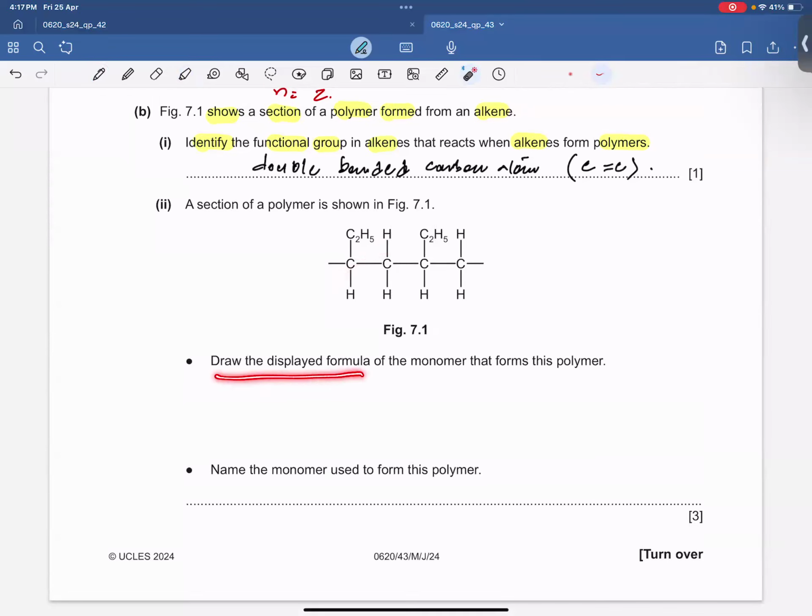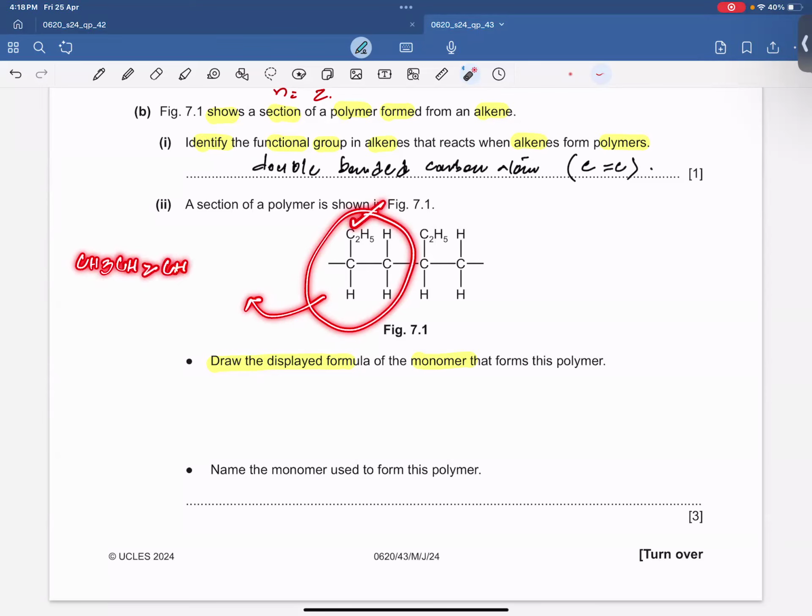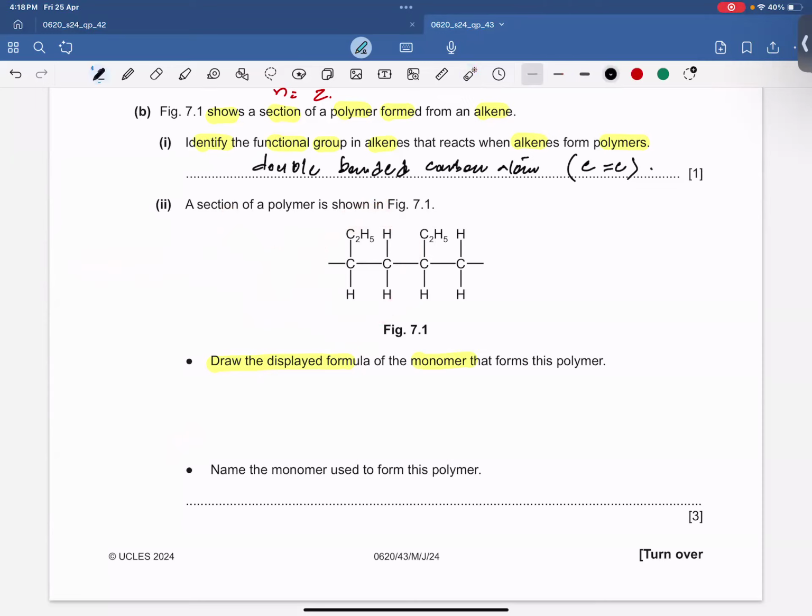Draw the displayed formula of the monomer. Oh my goodness. So this is going to be the monomer. It has to be like this: CH3 CH2, all right, we have this. CH is attached with it, double bond and then CH2. So I need to mention this one. CH3 CH2 CH double bond CH2. So it's butene.